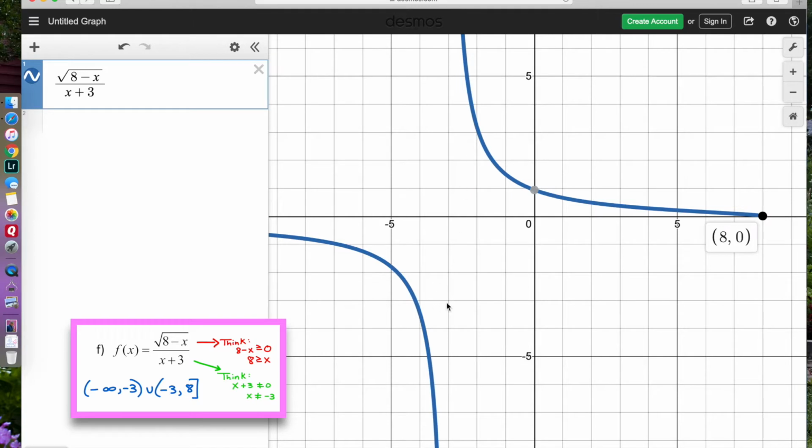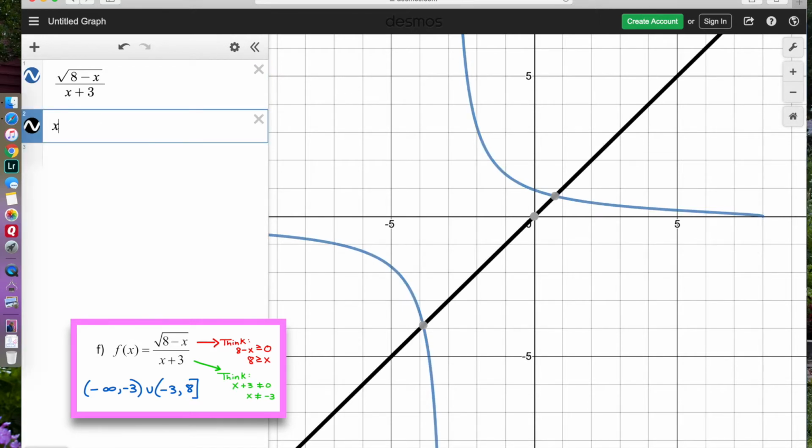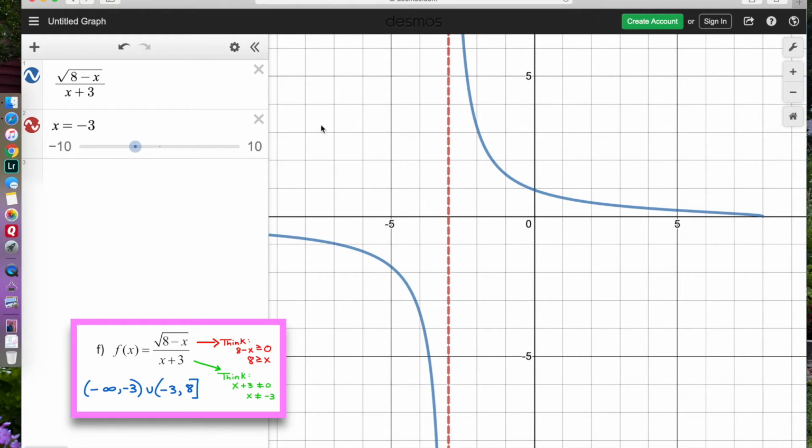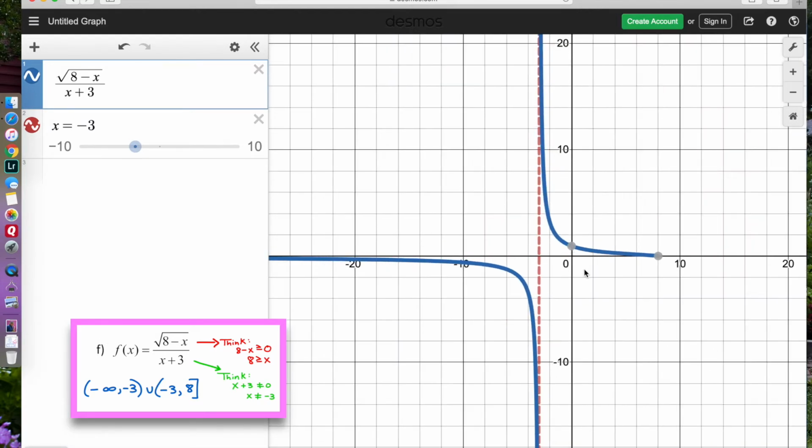And the asymptote that we have here at x equals -3 is reflected in the denominator of the fraction. And again, if you wanted to check your asymptote, you would just type x equals -3. And again, you're not required to type the asymptotes. I just like to look at it to make sure that I've got the right idea about what the number is.